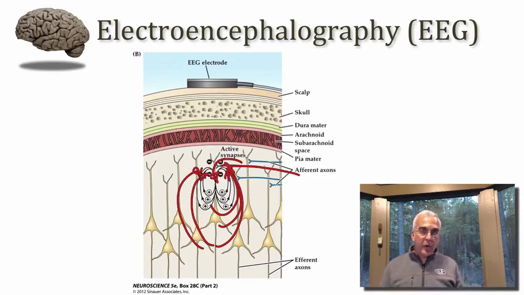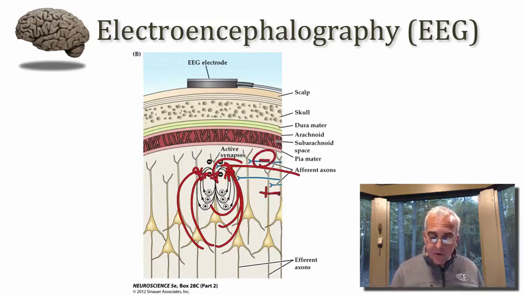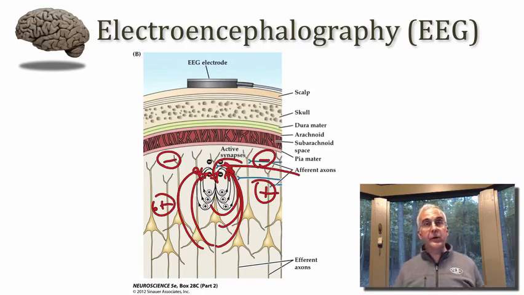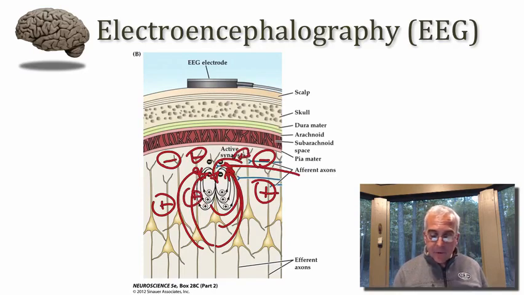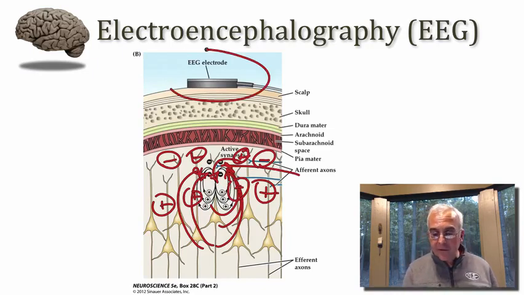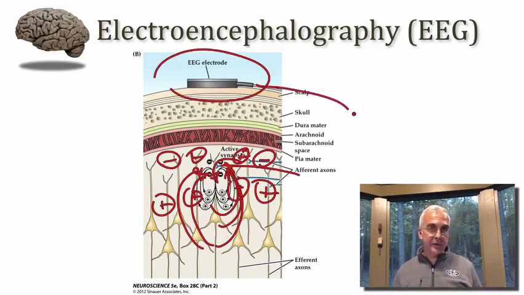And so there are these sinks and sources, these current dipoles that are in register throughout the cortical mantle because of the organization of these pyramidal cells. So wherever these pyramidal cells are oriented perpendicularly to the surface of the skull, we have the potential to be able to record these electrical dipoles with the placement of an electrode close to the surface of the brain.